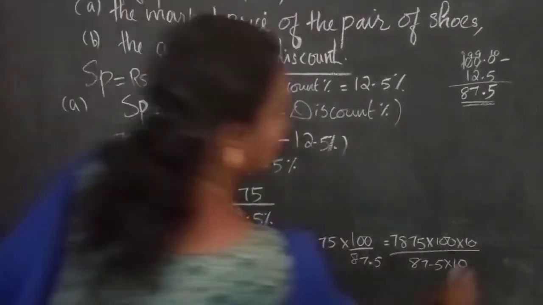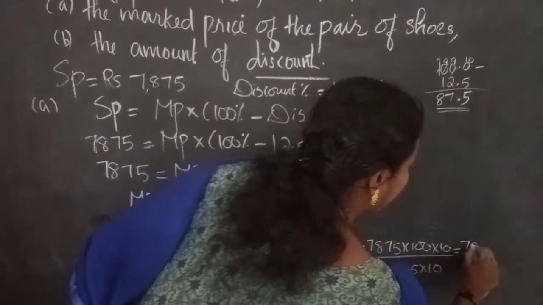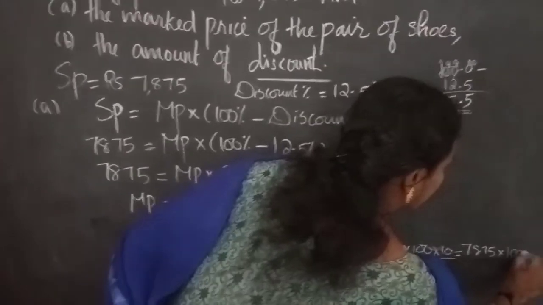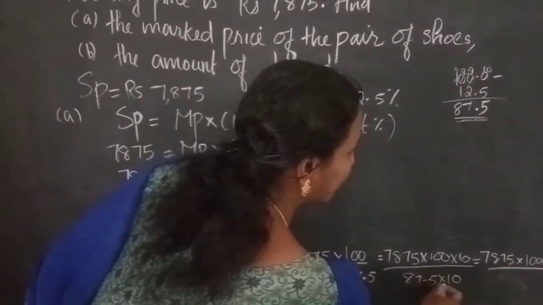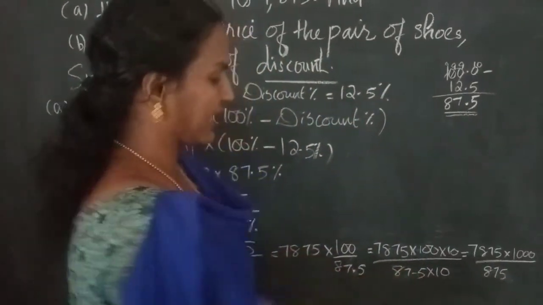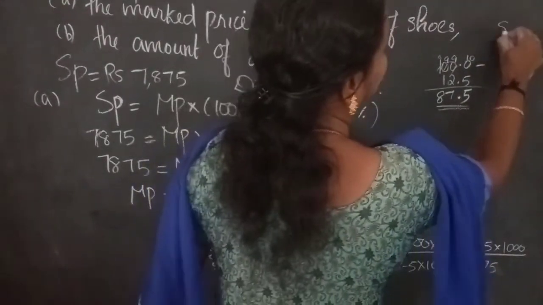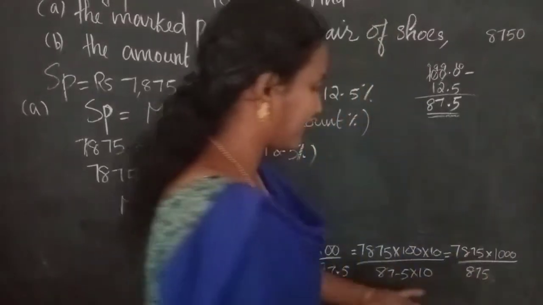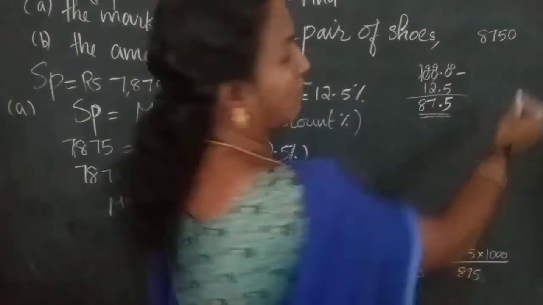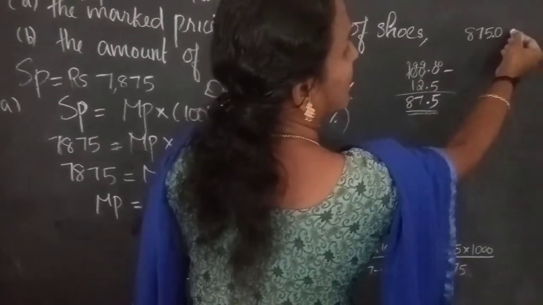So it's equal to 7875 into 100 into 10 divided by 875. 87.5 into 10: ignore the decimals and multiply the numbers. 875 into 10 means 8750. Then here one decimal, so put the decimal one digit from the right.